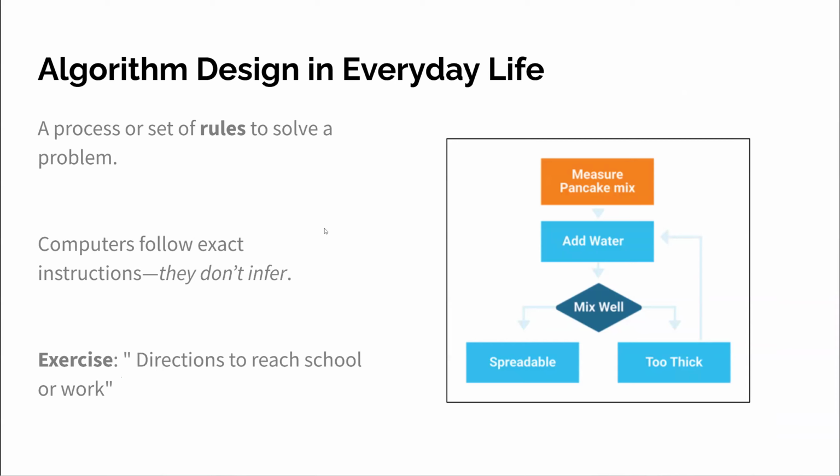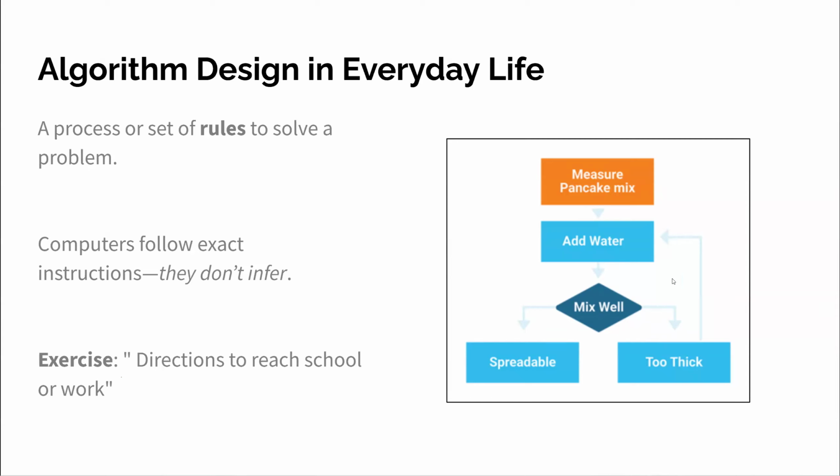The next one, for sure, is algorithm design. Algorithms are a set of rules that we write or develop to solve a problem. This is an example in everyday life, making pancakes, for instance. This is, let's say, a simple algorithm, but there is some complexity here.